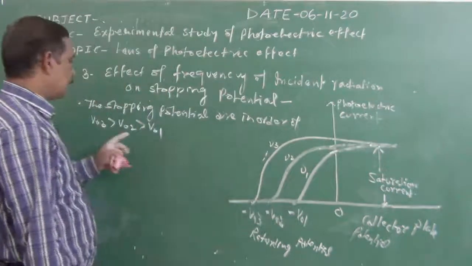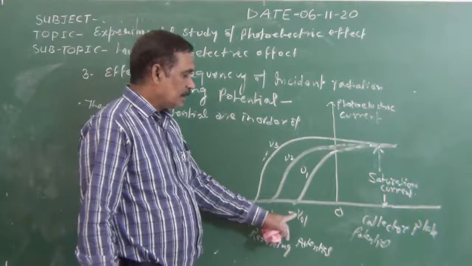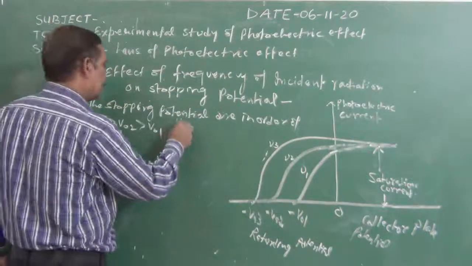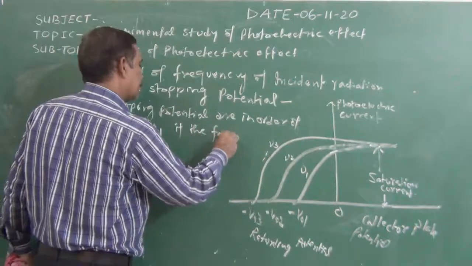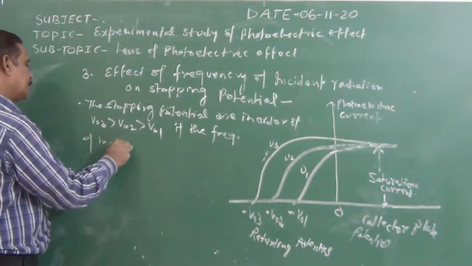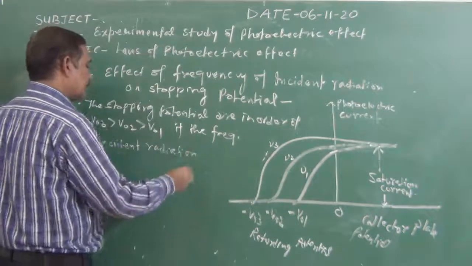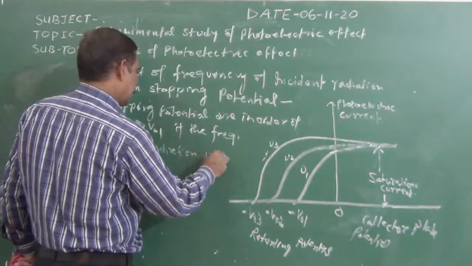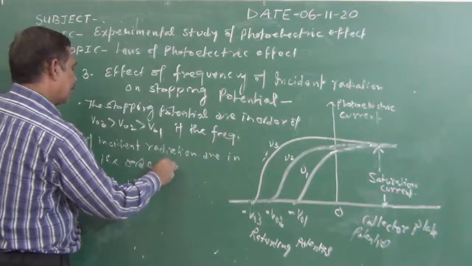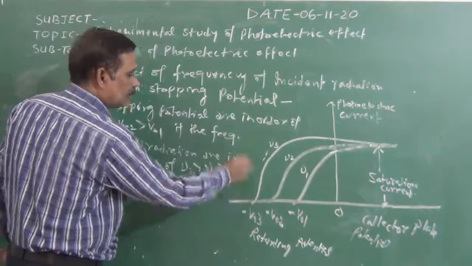That is, if you find the magnitude of this negative potential, so V03 greater than V02 greater than V01, if the frequency of incident radiation are in the order of nu3 greater than nu2 greater than nu1.